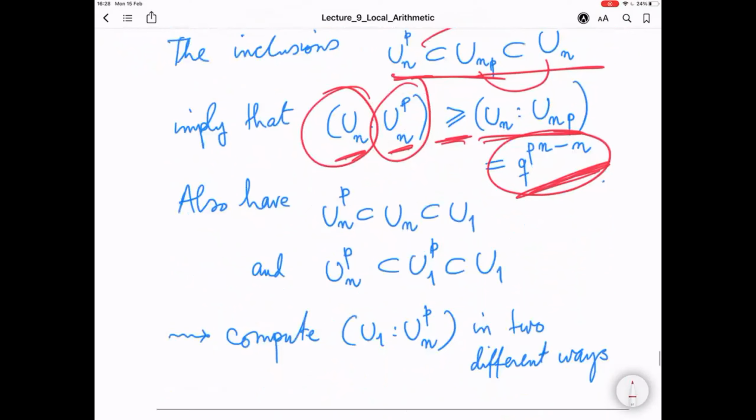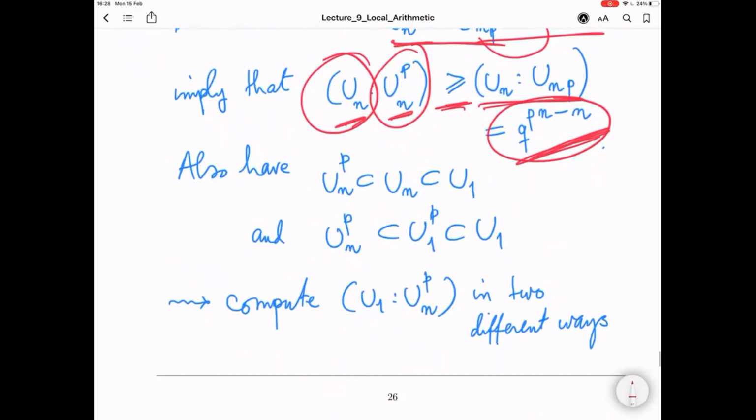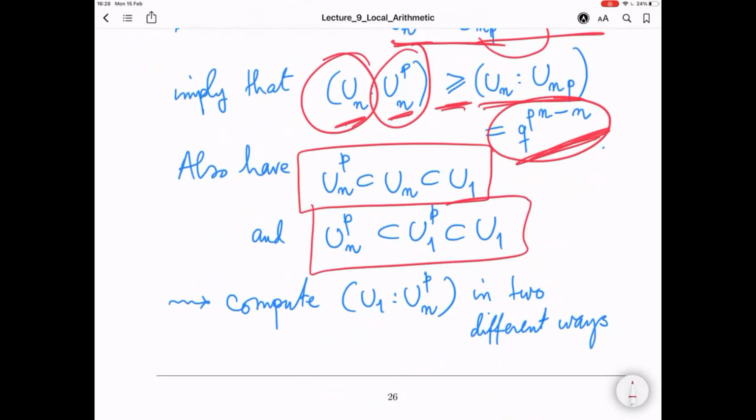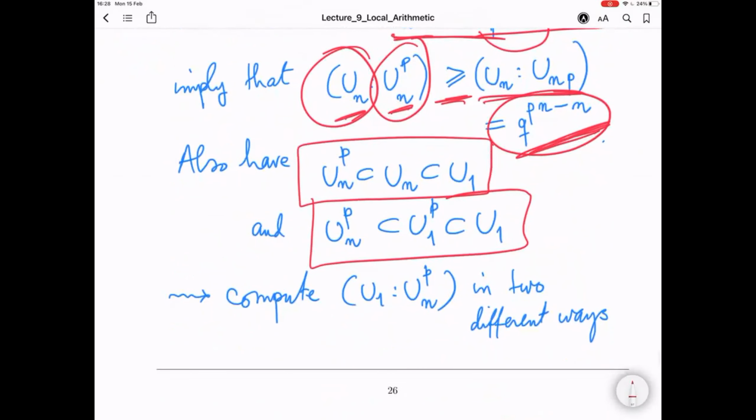Now we also have these inclusions. U1 contains Un, so you have these inclusions, and of course these inclusions. You notice that the first and the last terms are really the same in these two inclusions. So I can compute the index of Un to the power p inside U1 in two different ways.